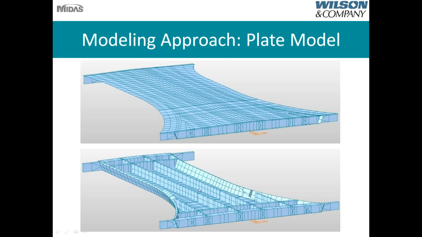Here is a view with the top deck listed off, basically inactive, so you can see the webs and the diaphragms with more detail. You can see in here, these are the lifting diaphragms, and then you can see along this web where the bifurcation takes place, these webs were thickened to represent that transitional area where there was more concrete placed to kind of stiffen up and strengthen that connection. Same thing over here.